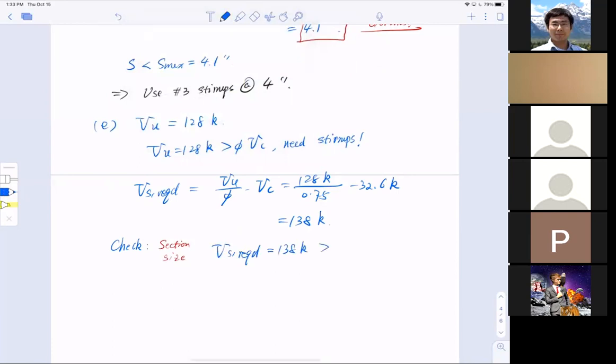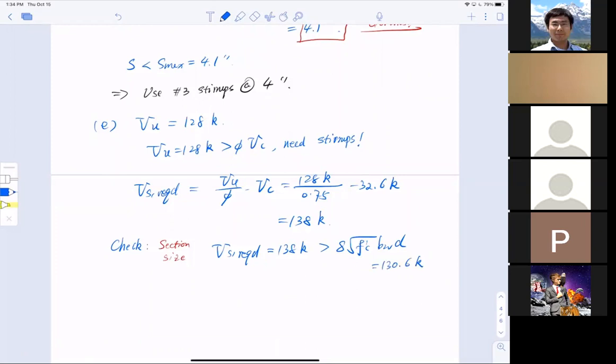That is even bigger than 8 times square root f'c bw d. What's that number? It is 130.6 kips.